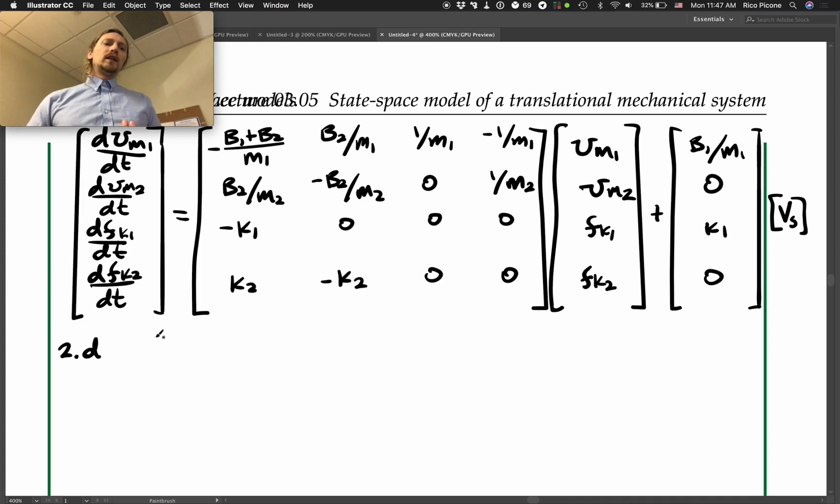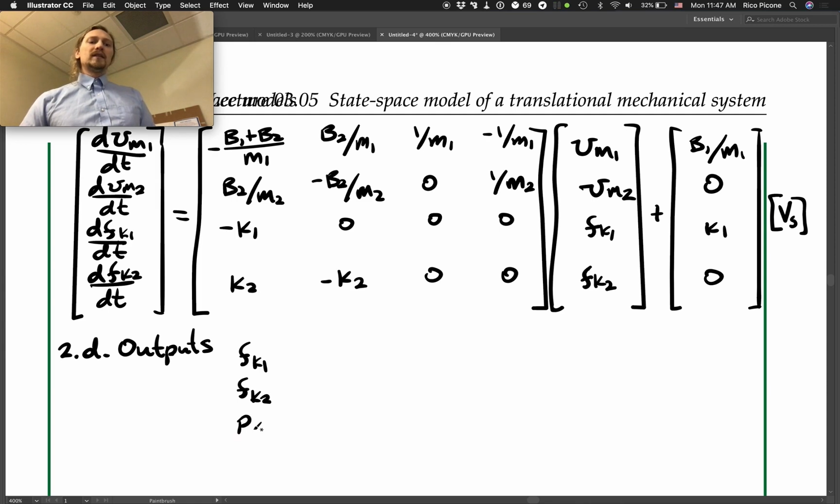So for 2D, we have to write the output in terms of state and input variables, right? The outputs were given in the problem as being the force through spring 1, the force through spring 2, the momentum of mass 1, and the momentum of mass 2.